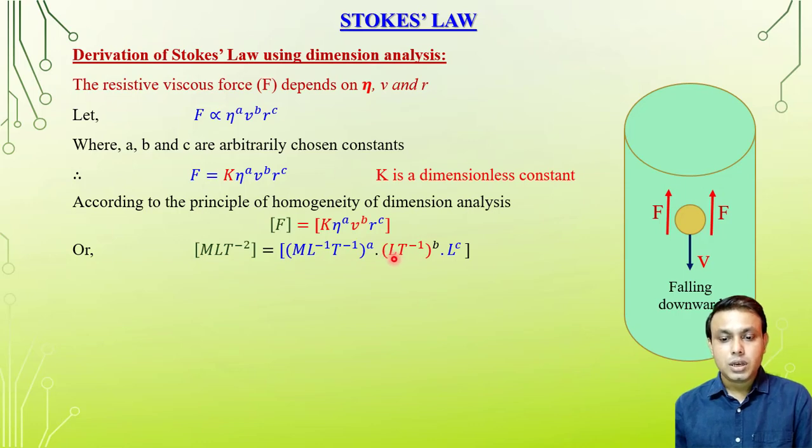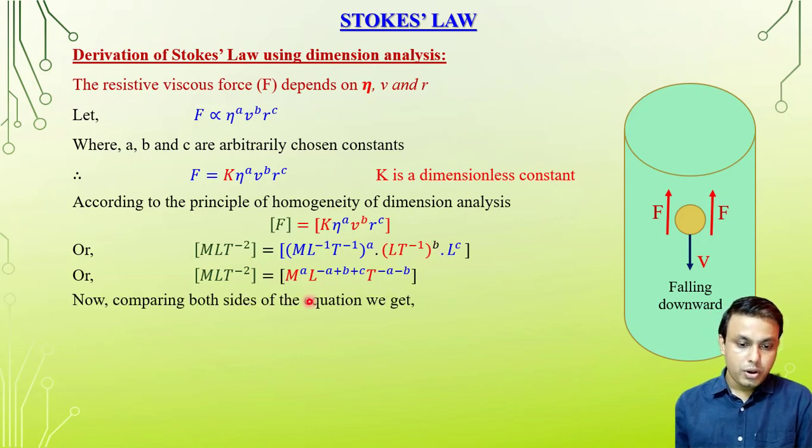Dimension of v is L T to the power minus 1, and dimension of r is L. Therefore, we may write it as M to the power a, L to the power minus a plus b plus c, and T to the power minus a minus b.